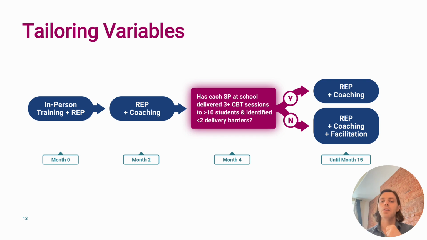And likewise, either every school professional has identified fewer than 2 barriers to delivery, or they haven't. So you can see, it's this 0-1 aggregation of those school professional level variables up to the school level. And we'll talk about these varying levels for tailoring variables later on in this talk as well.